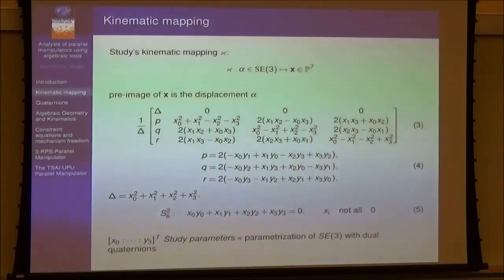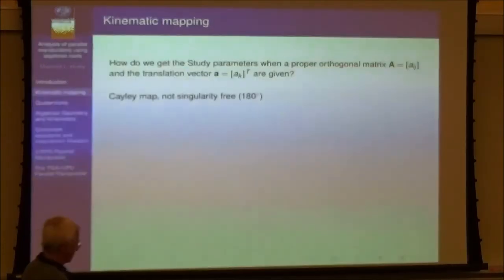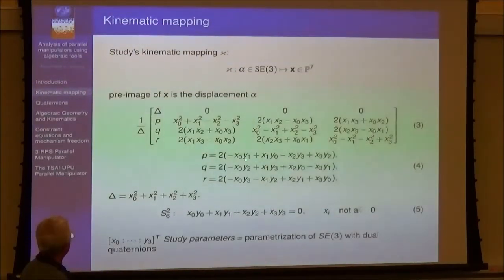So something over there is confusing. So Study parameters are x0, x1, x2, x3, and then p, q, and r, right? No. The p, q, and r are an abbreviation for this. The Study parameters are x0, x1, x2, x3, y0, y1, y2, and y3.